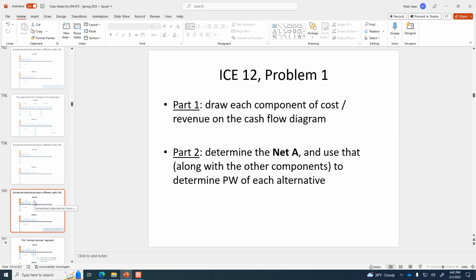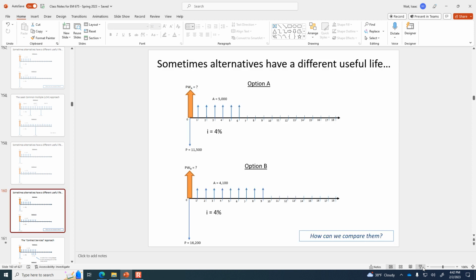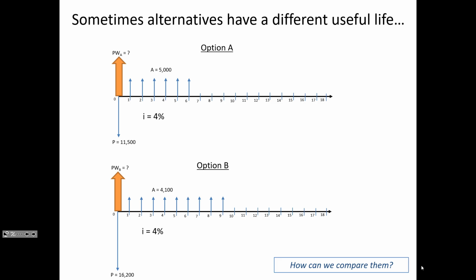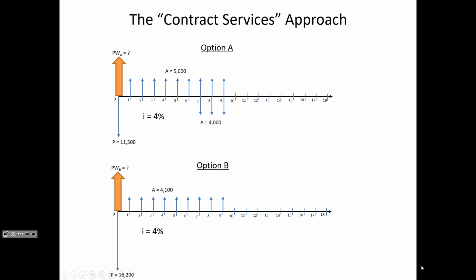All right. Well, LCM, least common multiple. It's not the only way to get a study period that has the same duration. It's one way, but another one, this is our problem again. Our problem is that they don't have the same amount of time. Well, one way that we could have the same study period is we could rent the thing after it wears out.